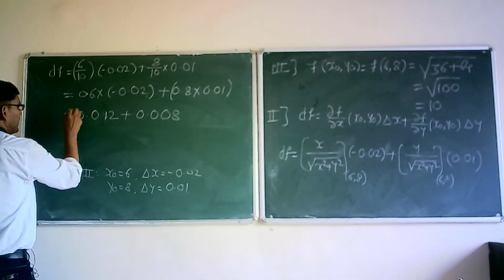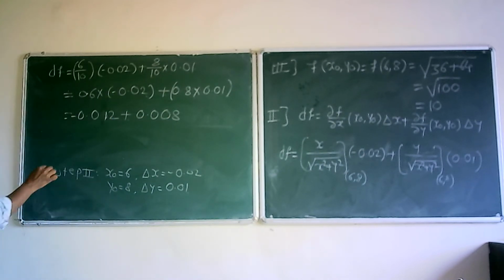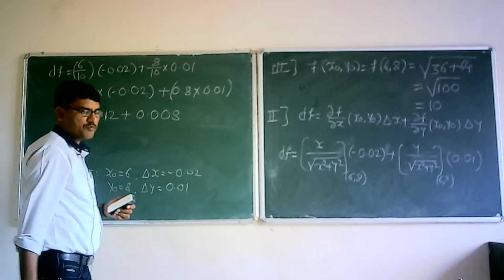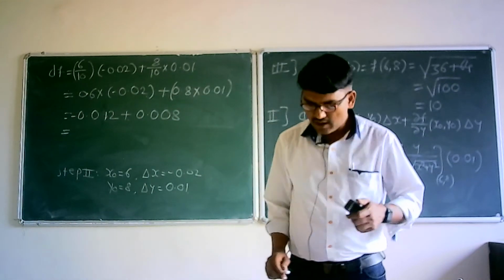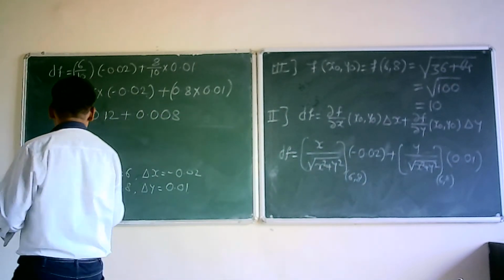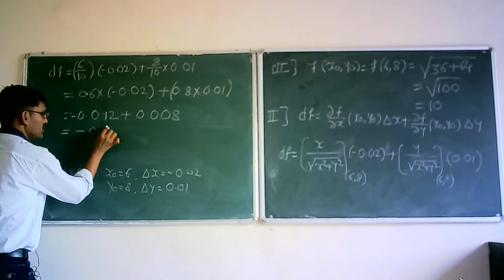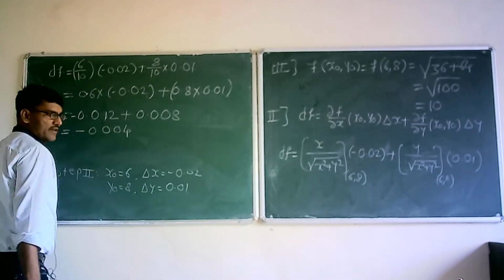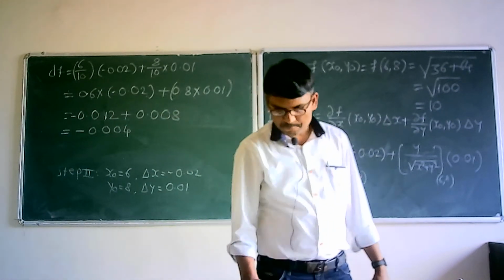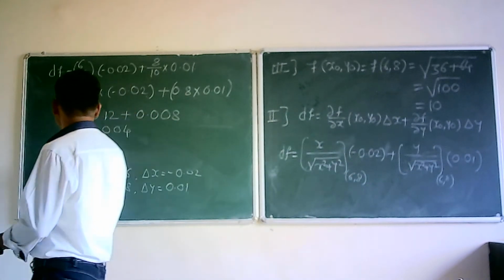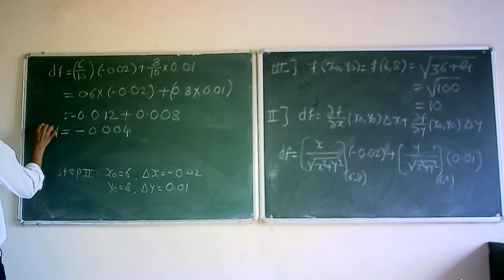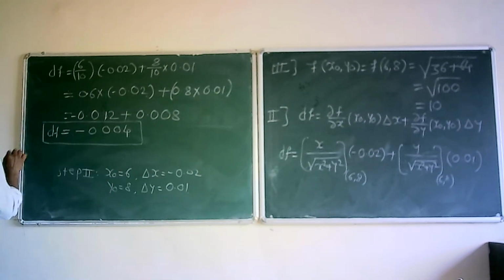Because of this minus sign, it will be minus 0.012 plus 0.008. If we simplify this, it will be minus 0.004. Okay. So this is the value of df. df is equal to minus 0.004.